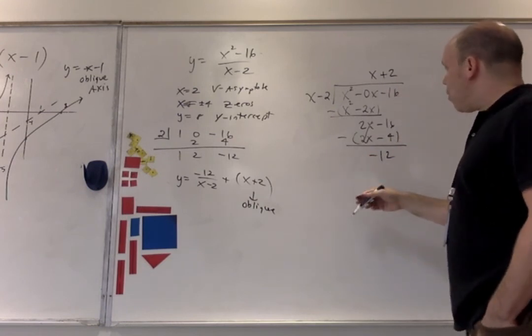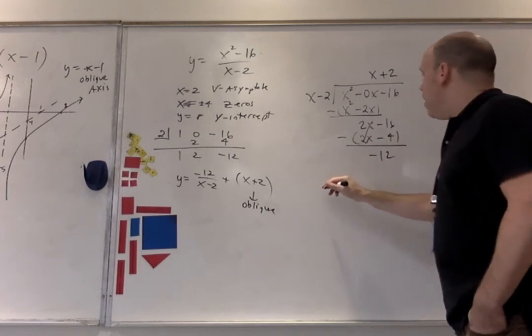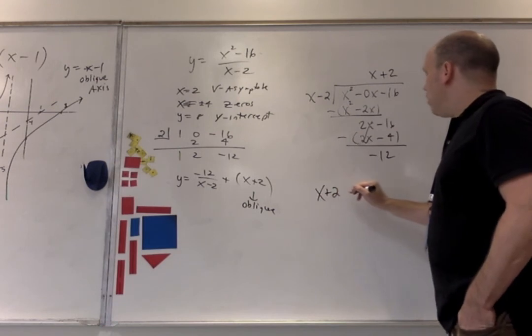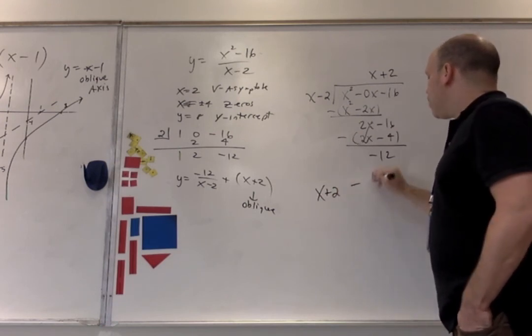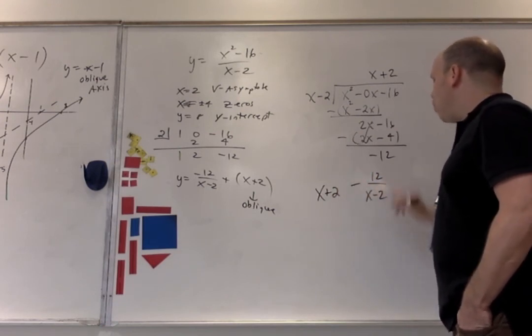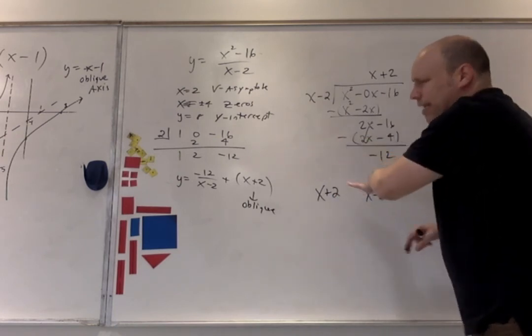So you can see here, like the way you did it when you were kids, it's x plus 2 minus 12 over x minus 2. It's the same thing.